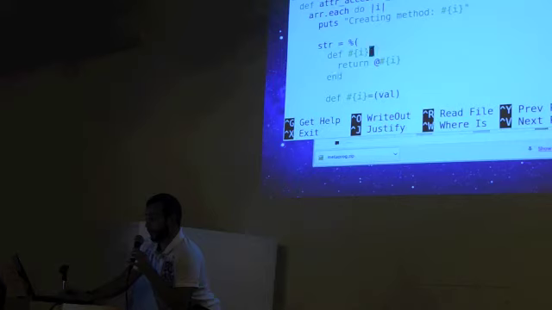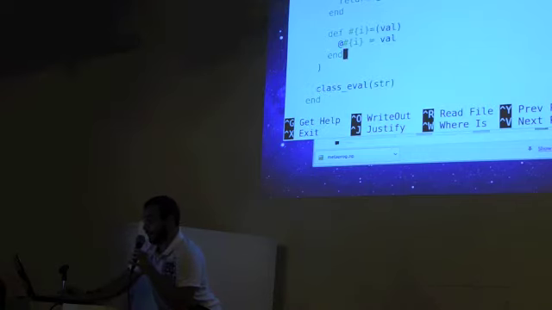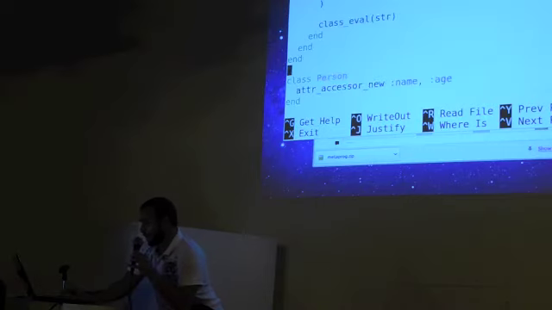Here's how I'm doing it. I'm defining a method with the name of I, which is the parameter that's looping through. And then here I'm creating the setter, and I'm doing class eval, just like eval in JavaScript, but there it's an eval on objects. Class eval does it on classes.